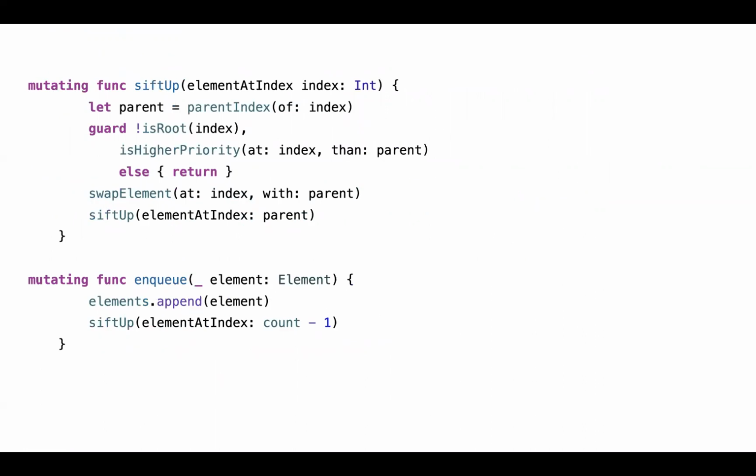So we have written a function called shift up, and this is being used for enqueue. I told you that when we are doing enqueue, we are appending the element at the very last, and we are doing this shift up operation.